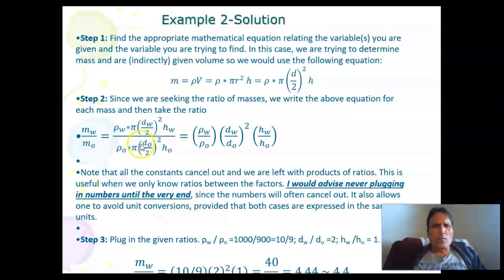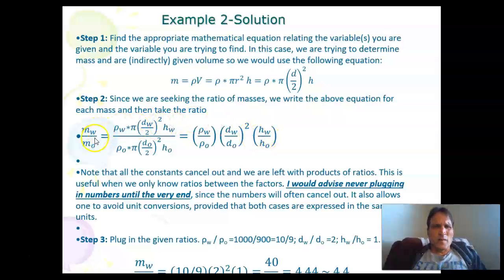And now we have this ratio. Now all the constants will always cancel out when we take ratios. For example, pi is in the numerator and the denominator, that cancels. This 2 cancels because it's in both. And what I always like to do is write this in terms of the ratios of each of the individual factors.